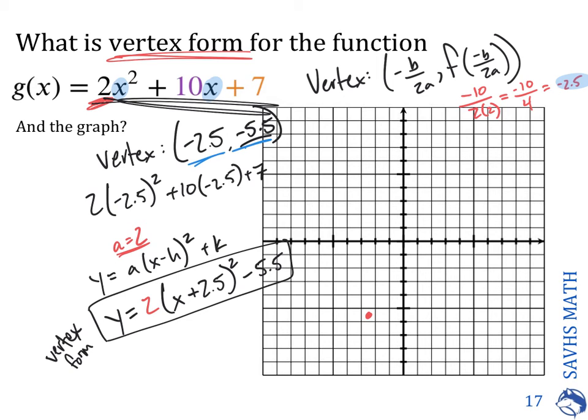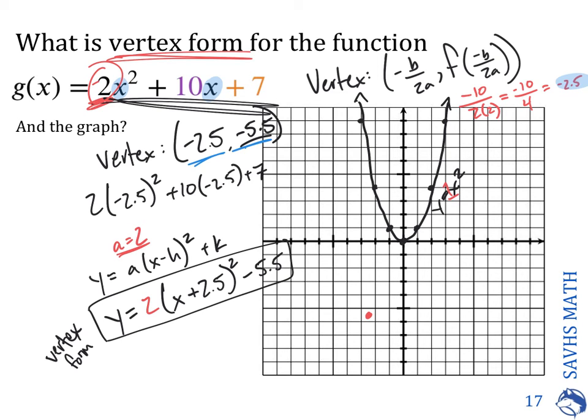Okay. Now let's do the graphing part. I'm going to start with my original function, x squared, which looks like this. This is y equals x squared. My scale factor here is 1, but now my scale factor on this new function is 2.